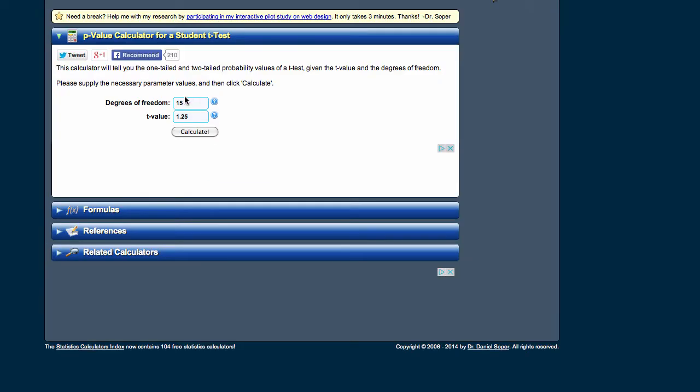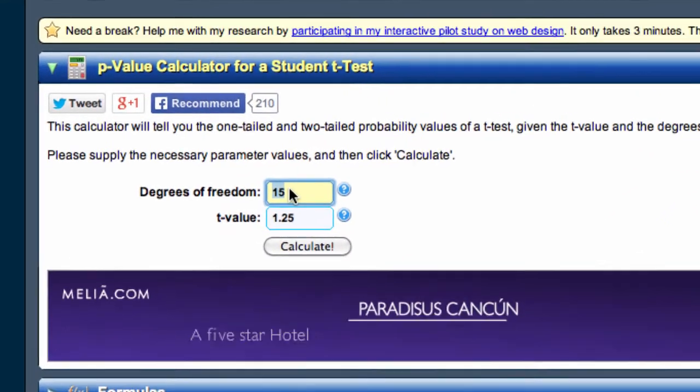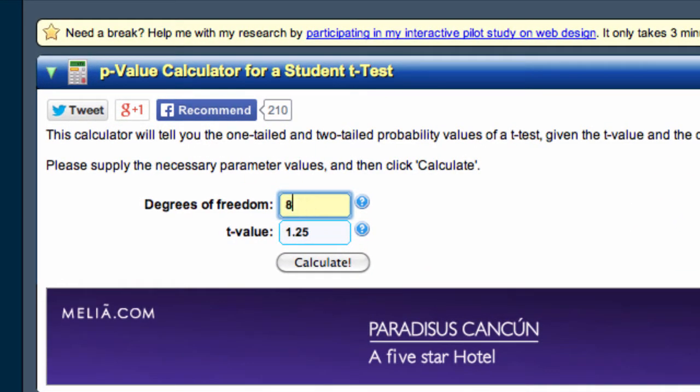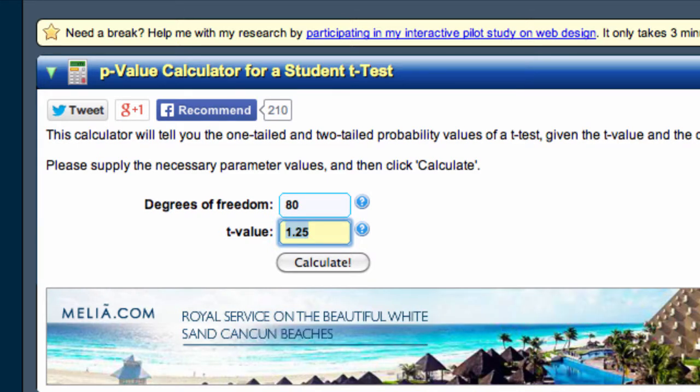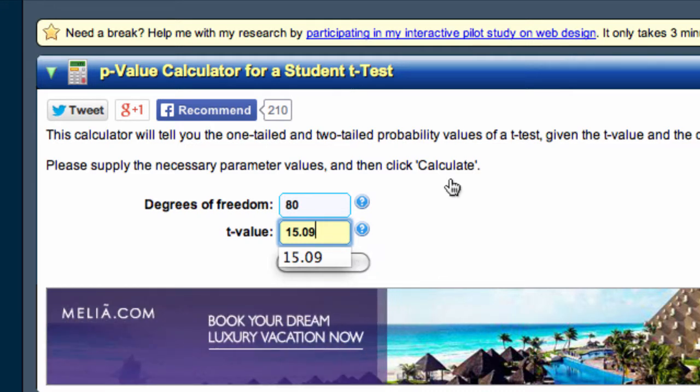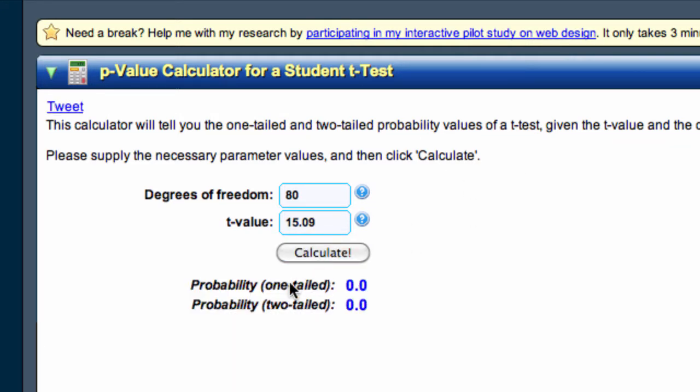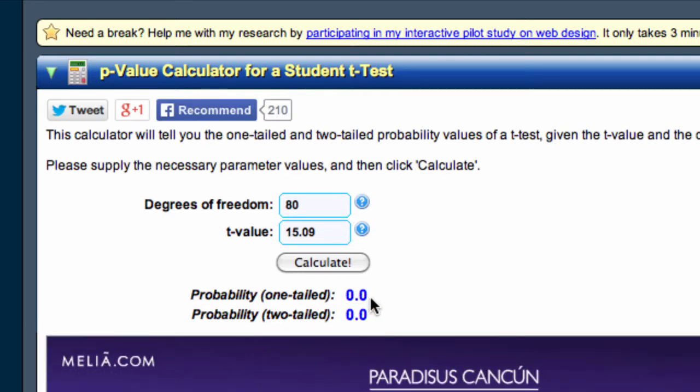And here all you need to do is enter the degrees of freedom, which we already determined to be 80, and our t-value, which was 15.09, and you just hit calculate, and we actually get our p-value is going to be so small that it can't detect it.